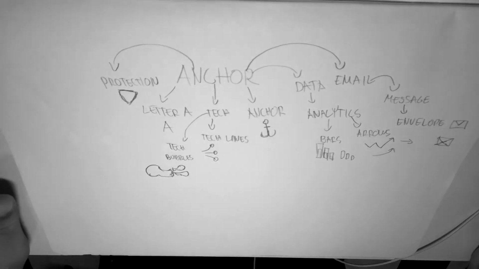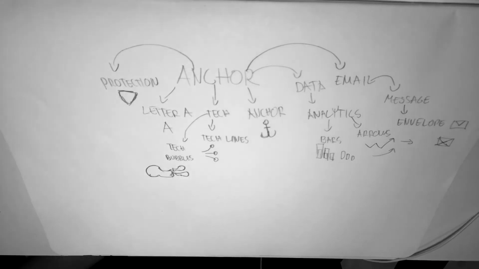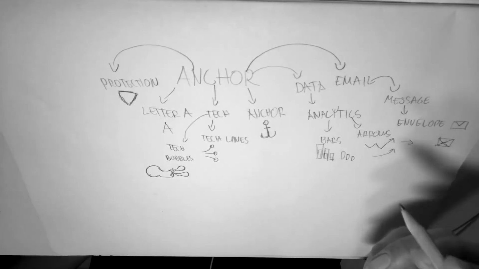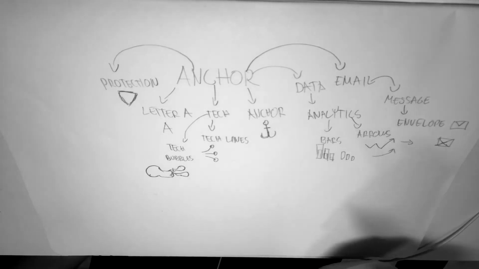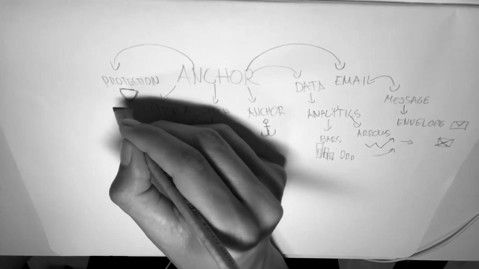Like that. We draw mini icons so we can think of more ideas. What else do we have? Email, envelope, anchor, protection, many different types of shields.